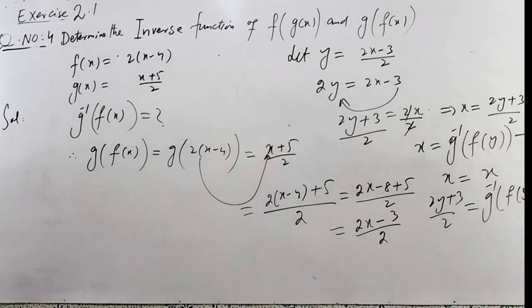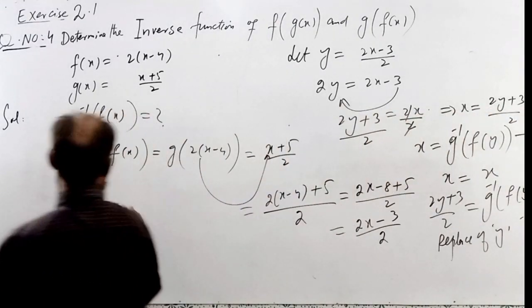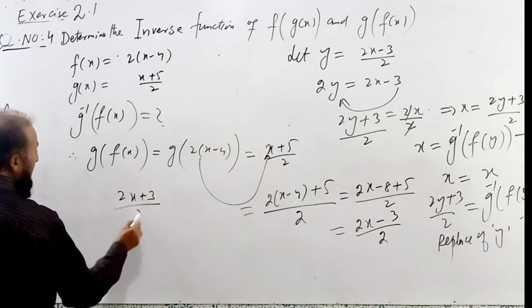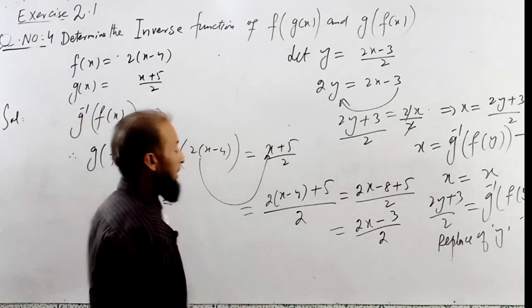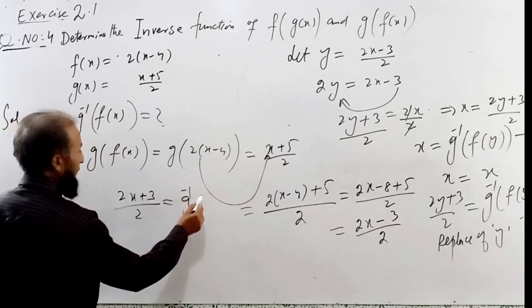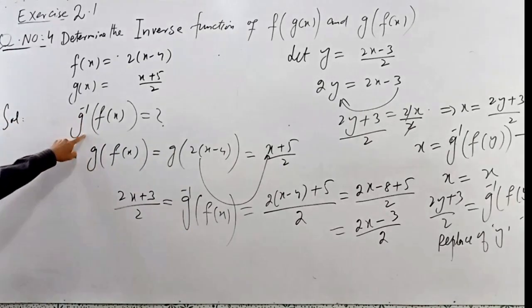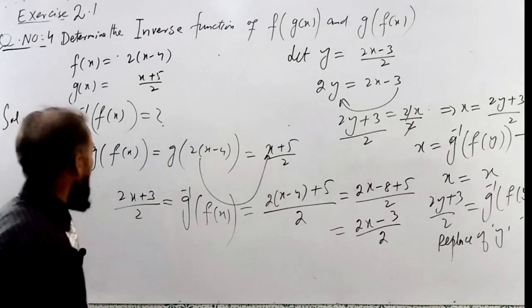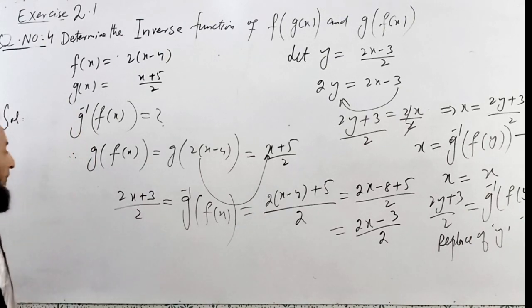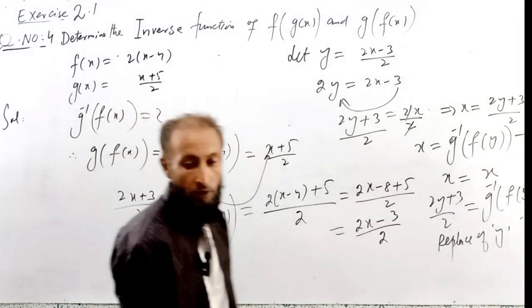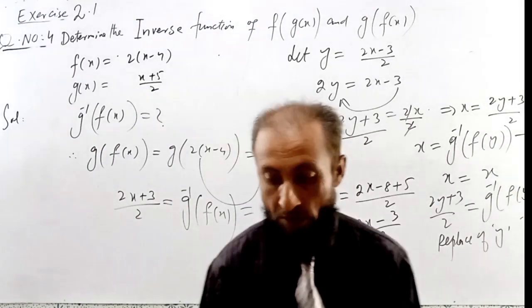Now in place of y, we put x. So what is the result? The result is 2x plus 3 divided by 2 is equal to g inverse f of x. So this is the required inverse of g, the function of f of inverse x. This is an important exercise.